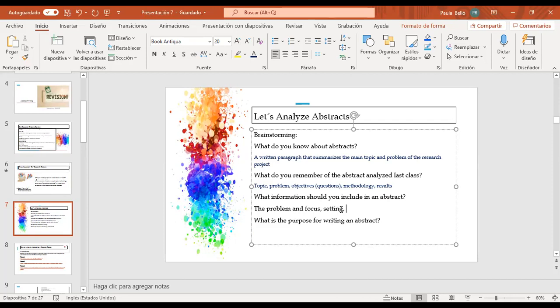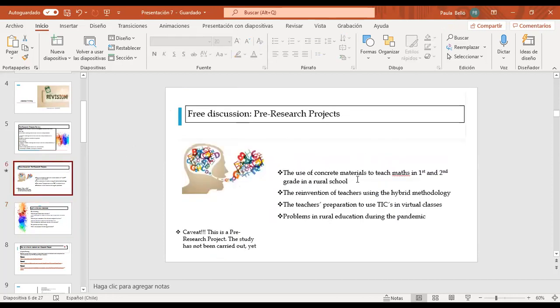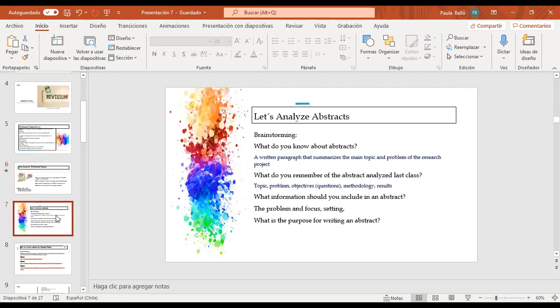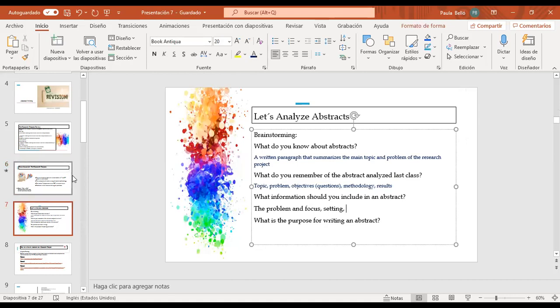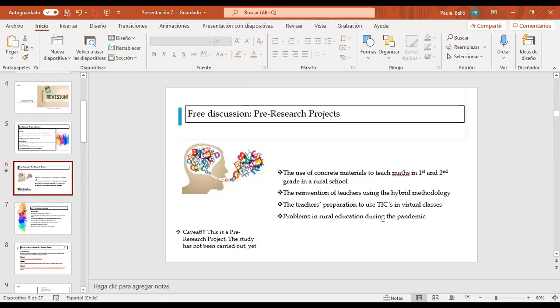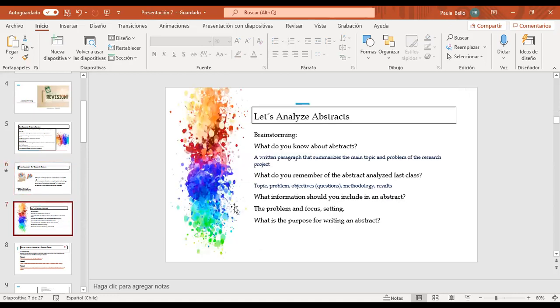Specifically, as I said before, because they focus on very specific settings. So it's not all of the schools, they're rural schools in the area where we work, in the area where we live, and their special situations and experiences. So setting, and in this case, because we have a contingency, because we have the pandemic, we have another line that can also be included.